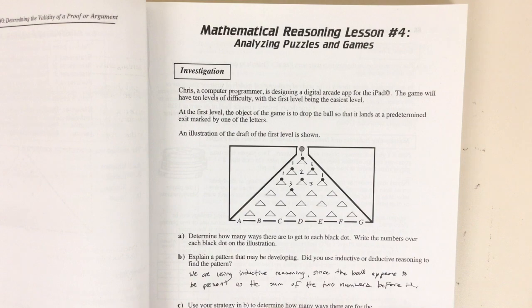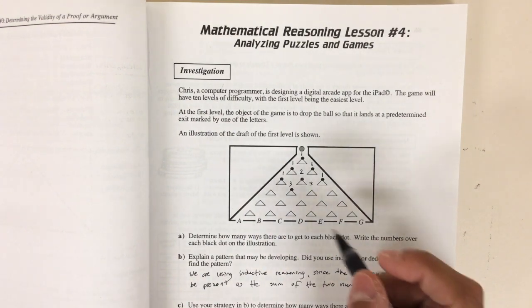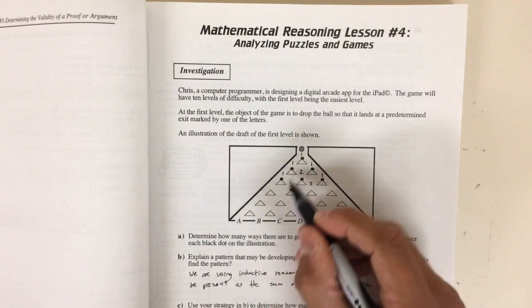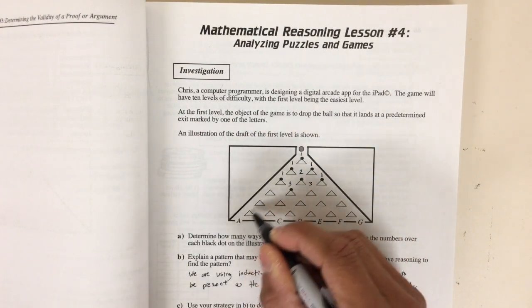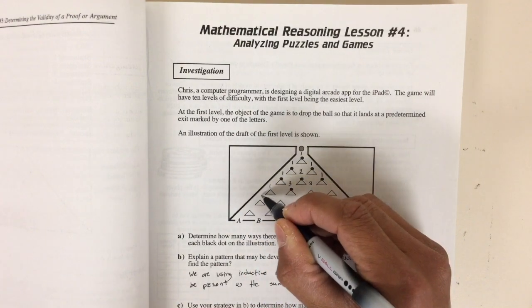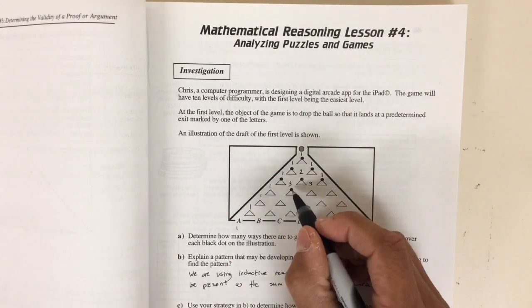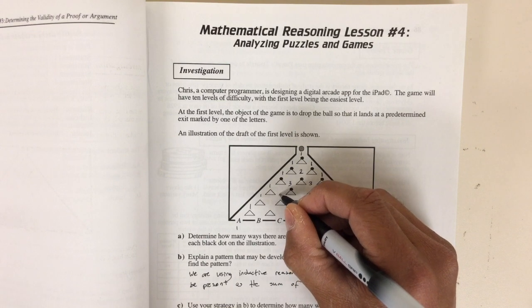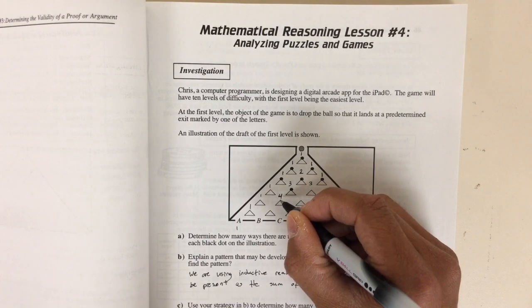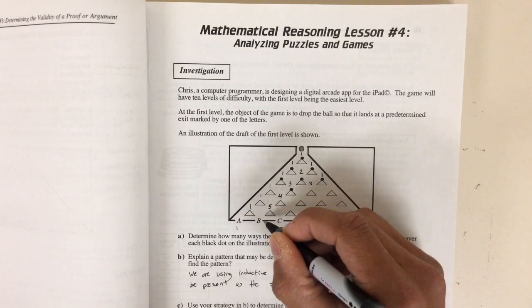Use your strategy to determine how many ways there are for the ball to reach letters A through G. Okay, well, let's see here. To get letter A, well, if we continue down this path, there's only one way for the ball to actually get down to A. Now, if we were to continue our pattern above here, then this next one here would have 4 ways to get to this triangle, which means there's 5 ways to get to B here.